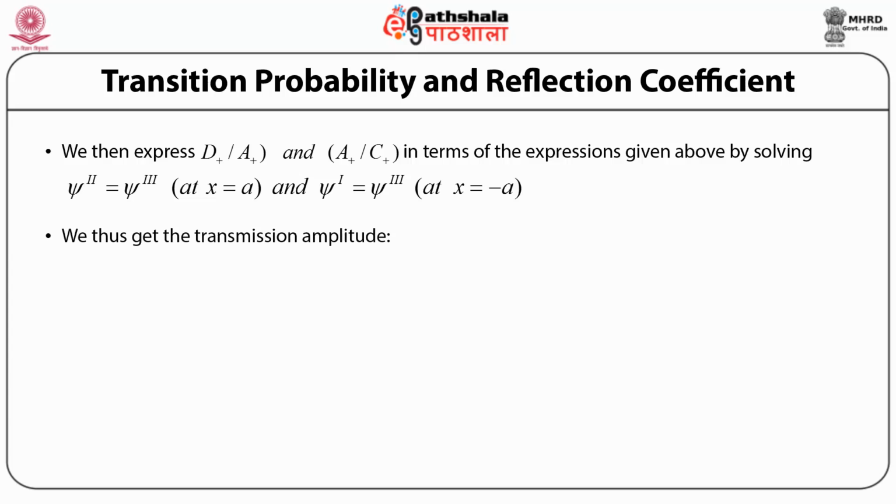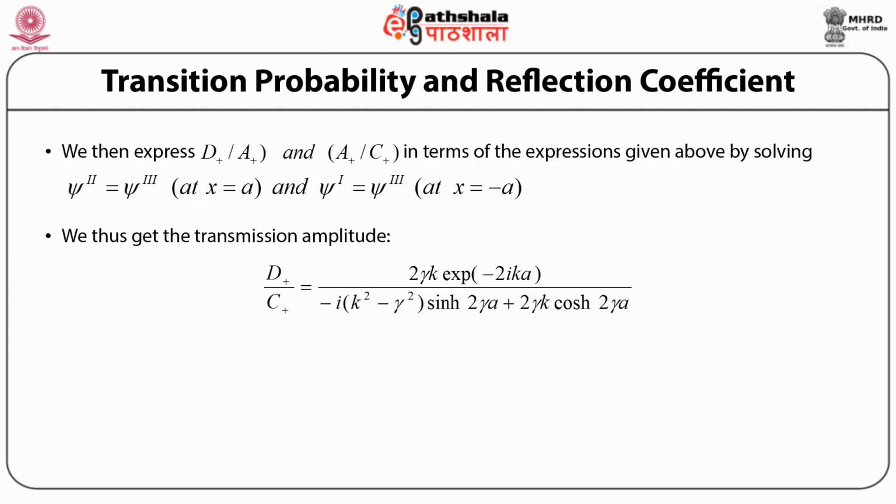We thus get the transmission amplitude as d plus divided by c plus is equal to 2 gamma k into exponent minus 2 iota ka divided by minus iota into (k squared minus gamma squared) into sinh 2 gamma a plus 2 gamma k into cosh 2 gamma a.